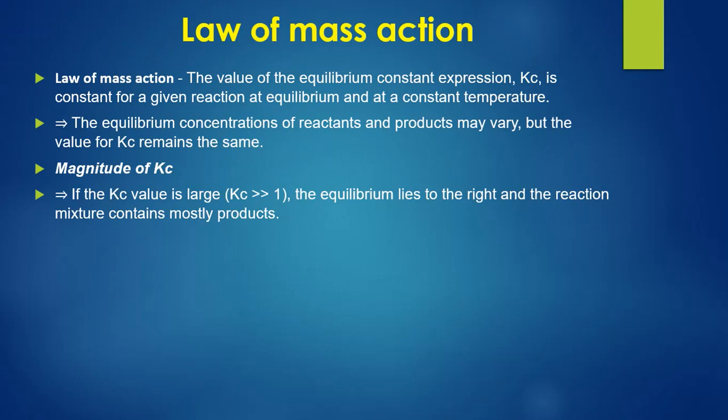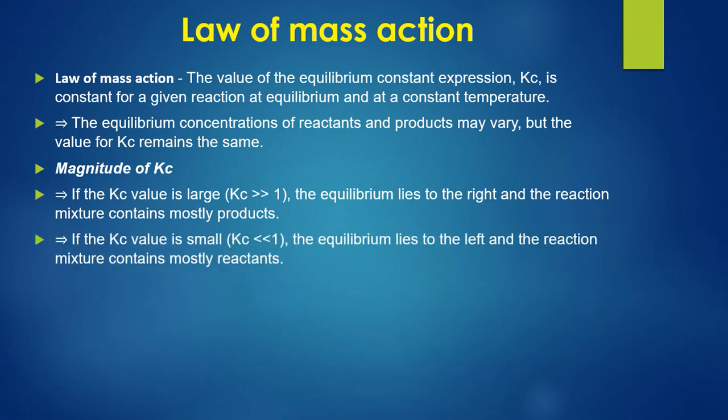So that's what it means. So when your Kc is greater than 1, just know that the equilibrium lies to the right, and the reaction mixture contains mostly products. And then if the Kc value is small, what does that mean?